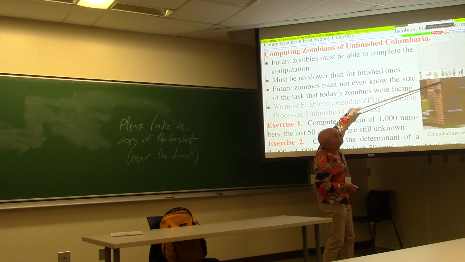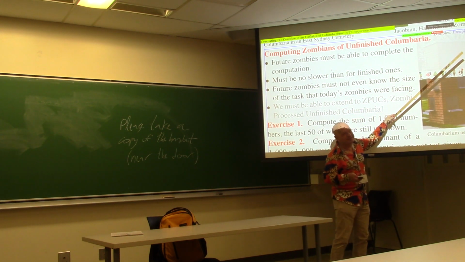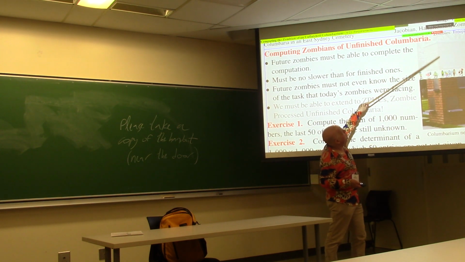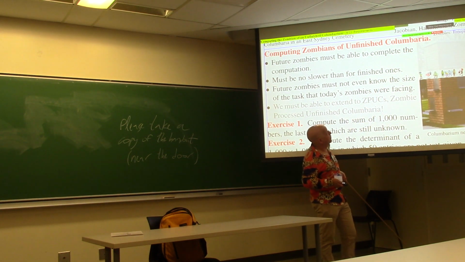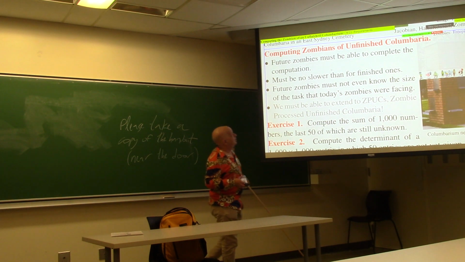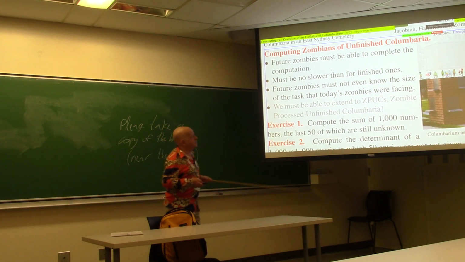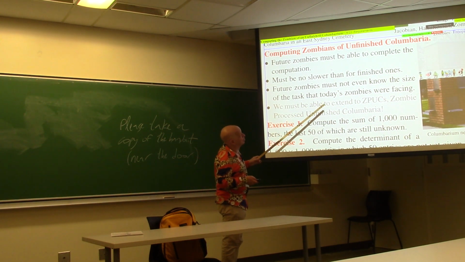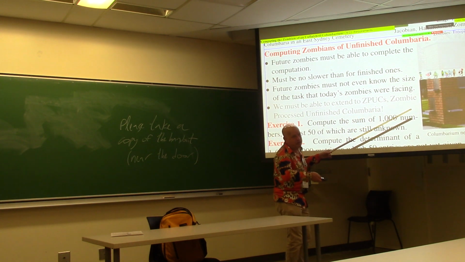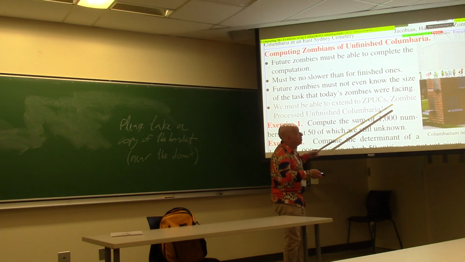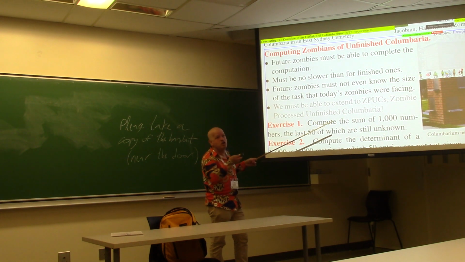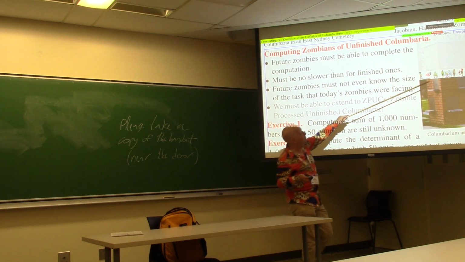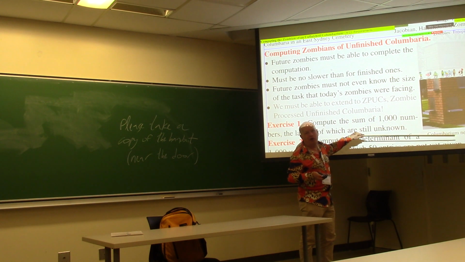Here's the Columbarium, here are the zombies sitting and computing, and here is the rest that's not yet fully specified. I want the future zombies to not even know how big the task was before.